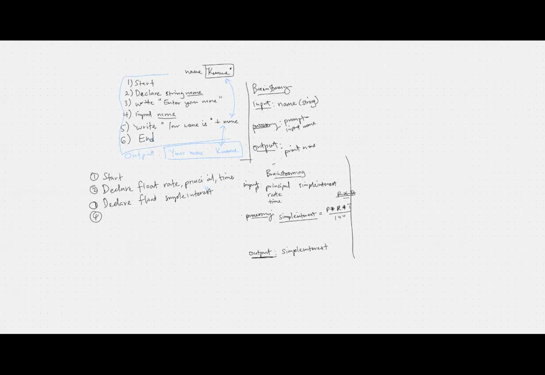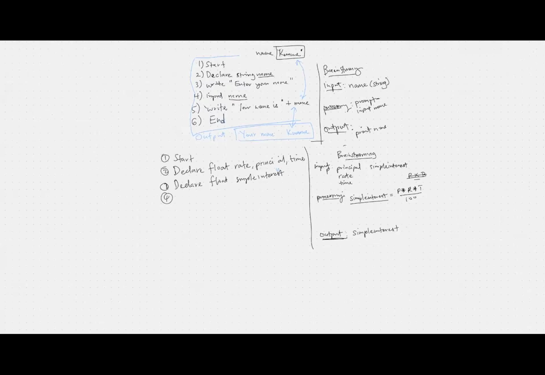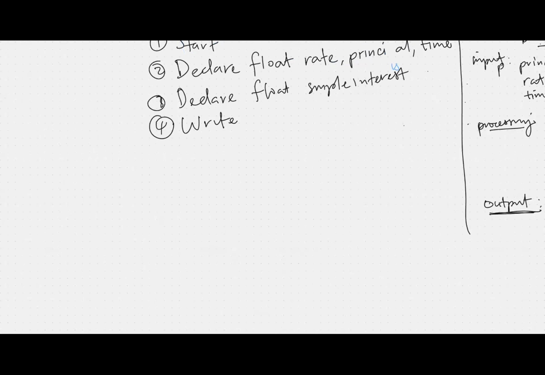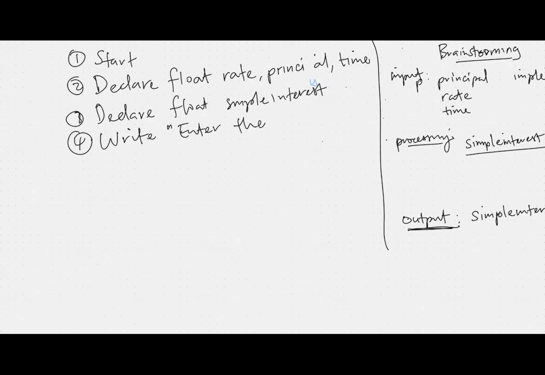Okay. So the gentleman was saying we should write a prompt, okay? So you write enter the rate, okay? And then number 5, you will input the rate variable. Then number 6, you will write the prompt for enter the principal.